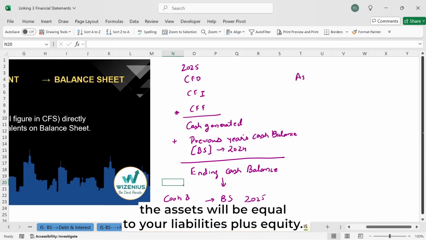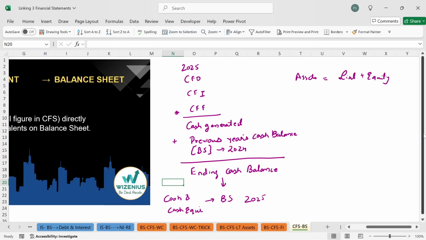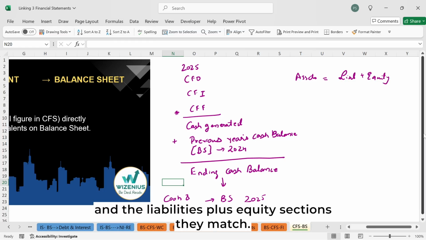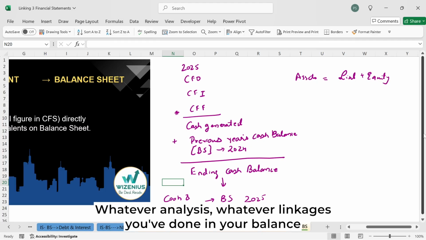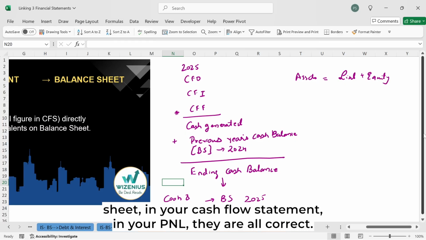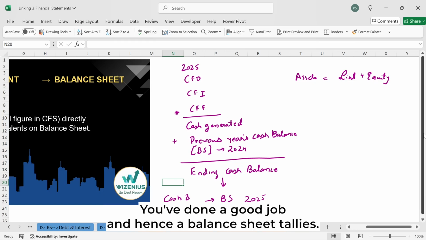The assets will be equal to your liabilities plus equity section. The moment you see that the asset section and the liabilities plus equity section match, you should consider that your calculations are correct. Whatever analysis, whatever linkages you've done in your balance sheet, your cash flow statement, and your P&L, they are all correct. You've identified the signs properly, you've linked everything properly, you've done a good job, and hence your balance sheet tallies.